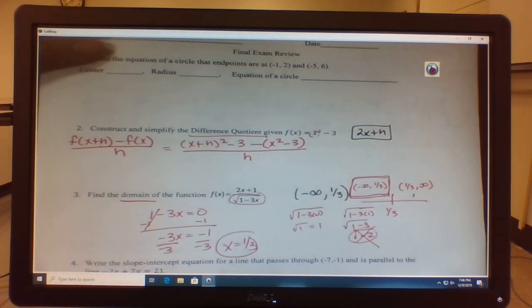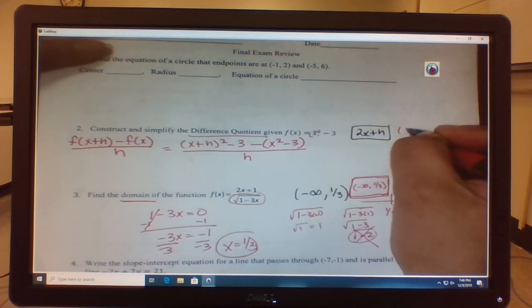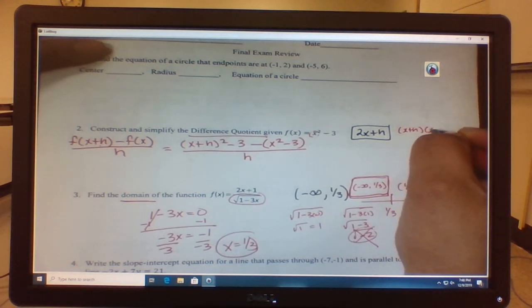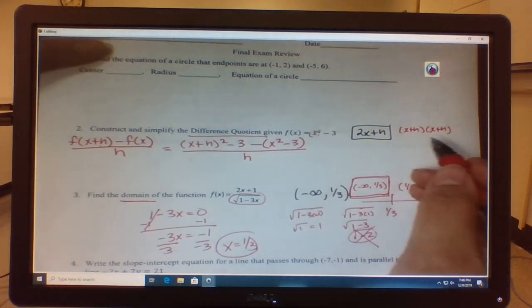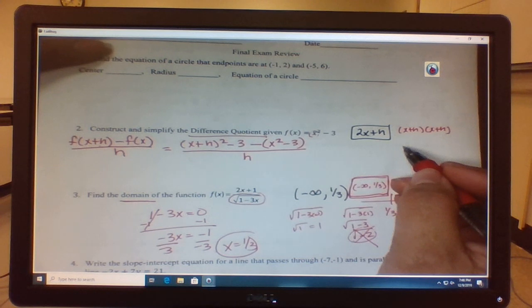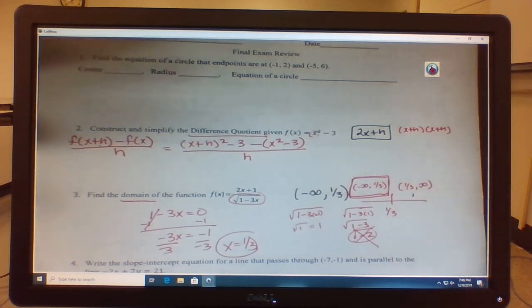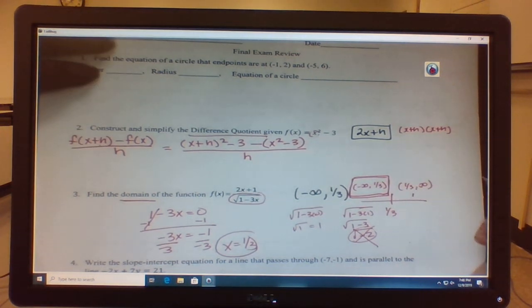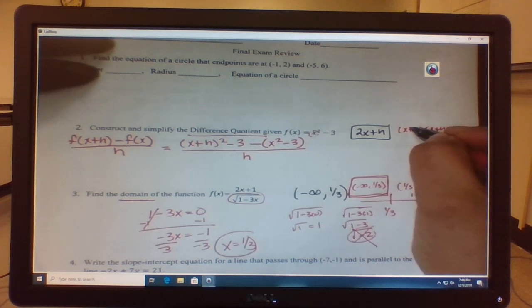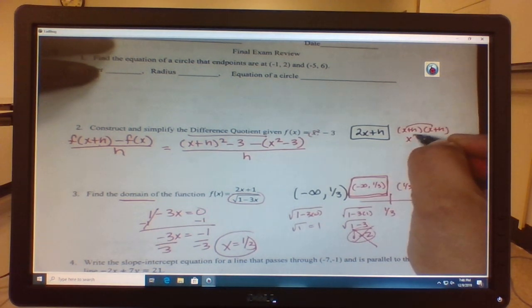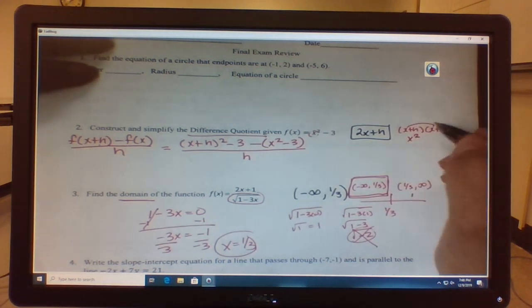Now, please keep in mind that this is x plus h in parentheses squared. So I have to do FOIL. x times x, x squared. What's x times h?